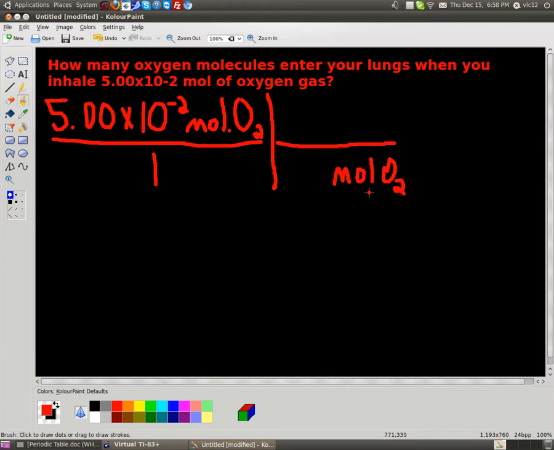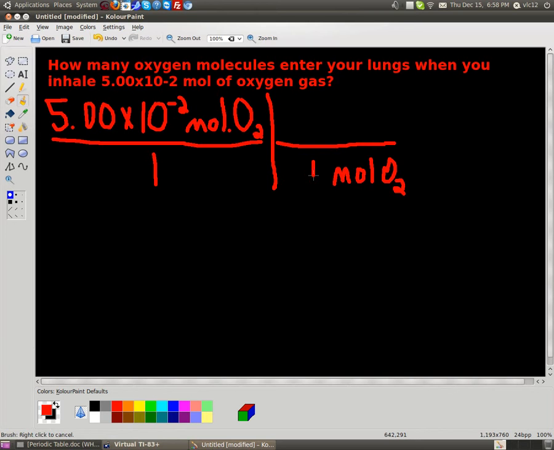This is moles of O2. Now, up here it asks us how many oxygen molecules enter your lungs. So they want to make a relationship between moles and molecules. Now, what do we know about molecules and what do we know about moles?